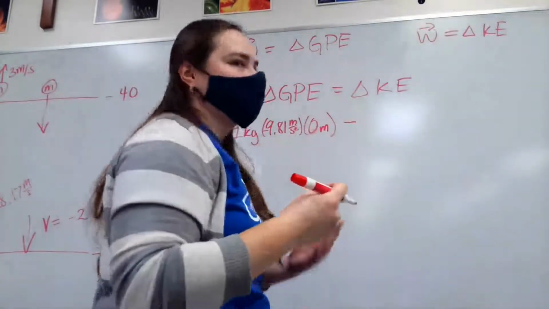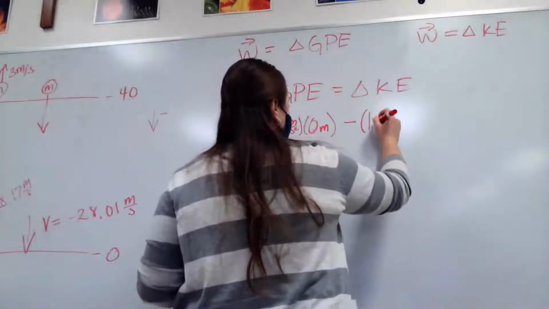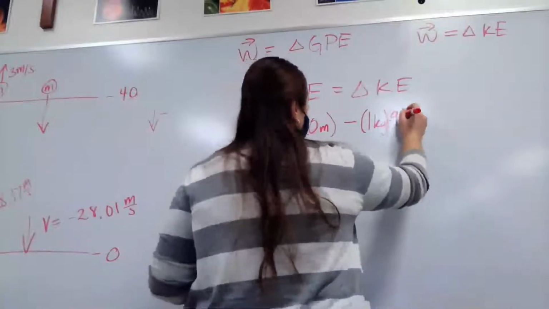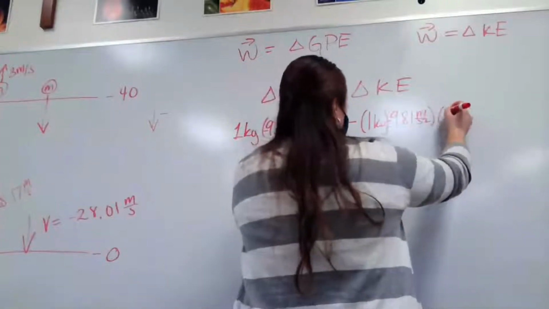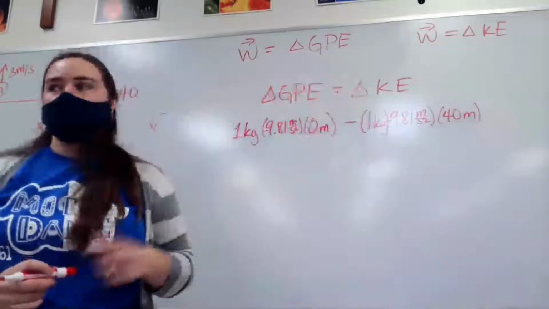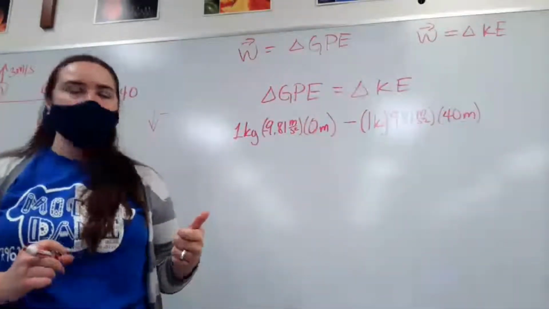Minus, so final minus initial, our mgh, which is 1 kilogram times negative 9.81 meters per second squared times our height of 40 meters. Good? So that's our gravitational potential energy.